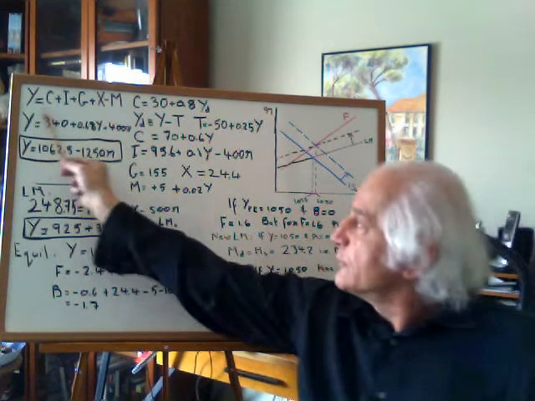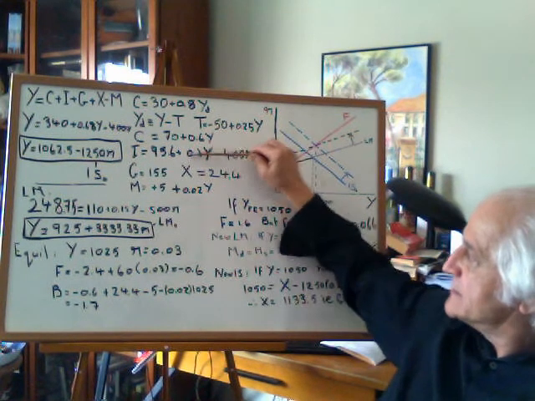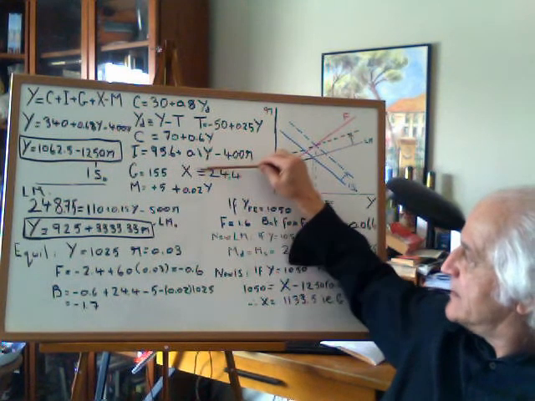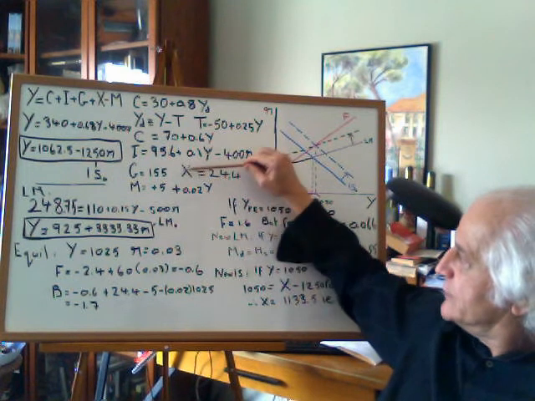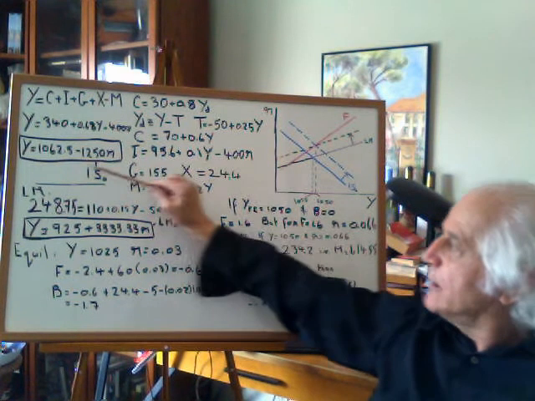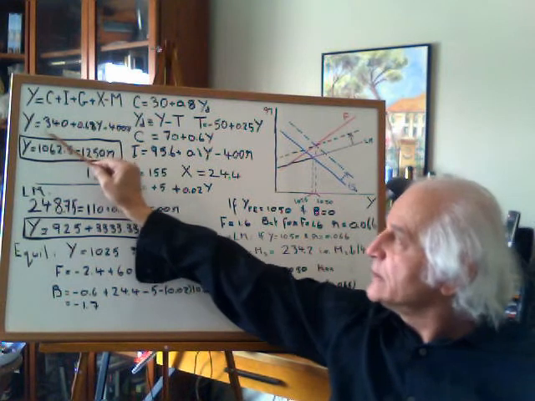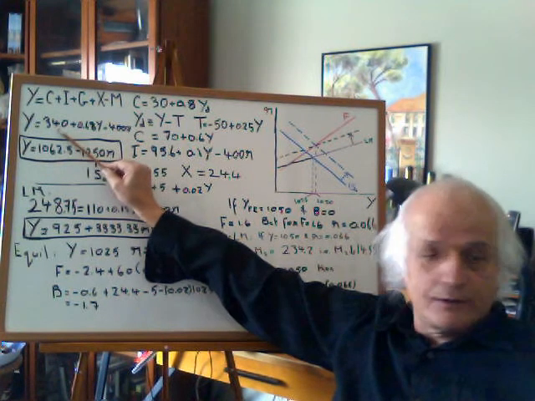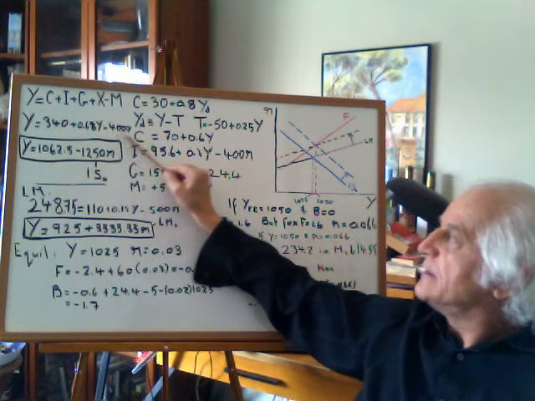So to get all of this expression, all we have to do is add C + I + G + X - M. If we add all of these together, we wind up with Y = 340 + 0.68Y - 400r.